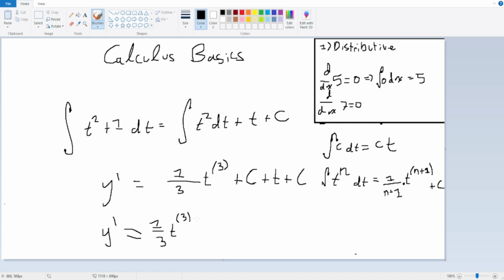So you don't know what constant 5 times c gives you. You don't know what constant c plus 5 is, because you don't know what constant c is. So c plus 5 would still be c. It's an unknown constant that you don't really care about what it is, but you just care that it's there. So this is the integral of t squared plus 1.